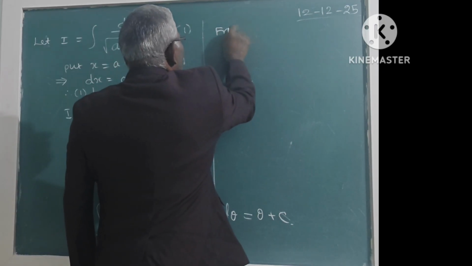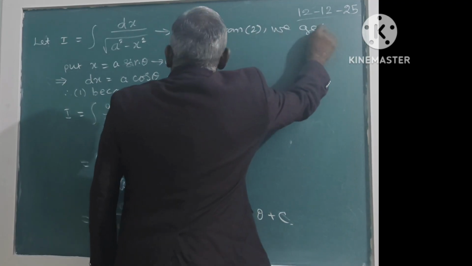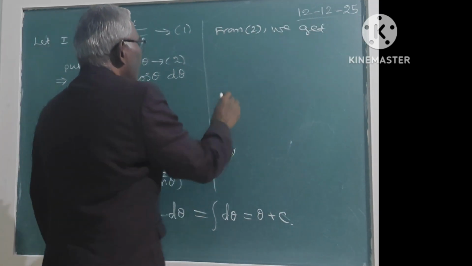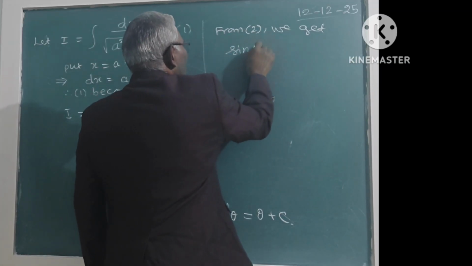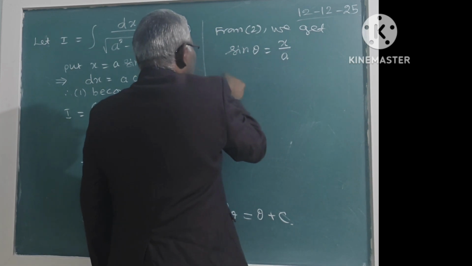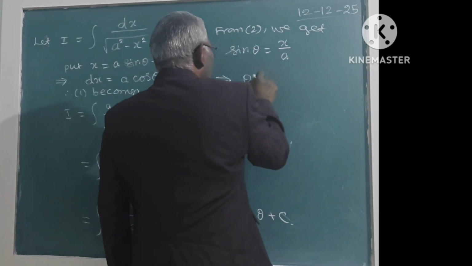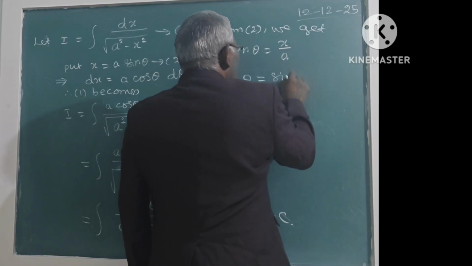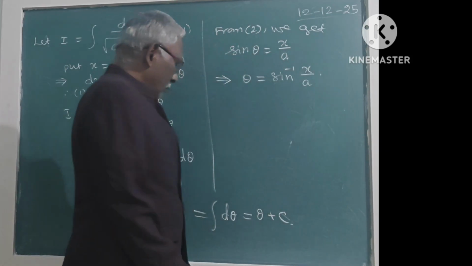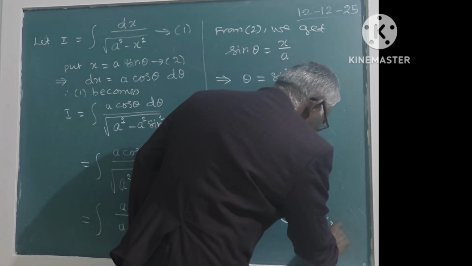From 2 we get sin theta is x by a. This gives theta is equal to sin inverse x by a. We call this equation as 3.